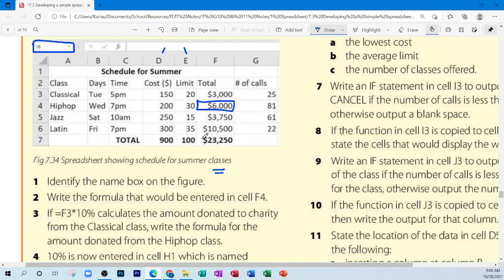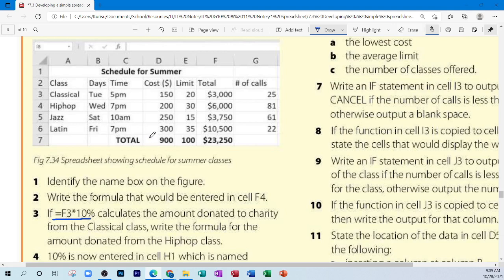Question number 3. If equal F3 times 10% calculates the amount donated to charity from the classical class, write the formula for the amount donated from the hip hop class. Dante? Dante Wills.